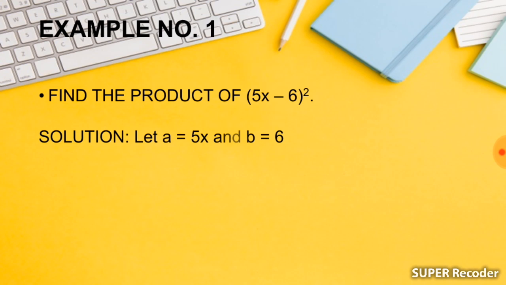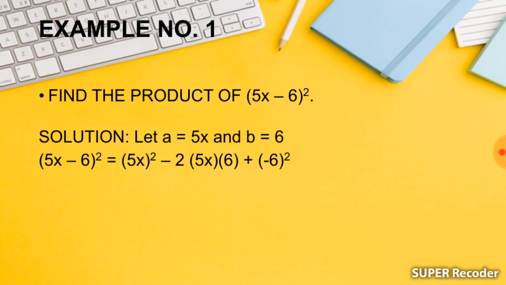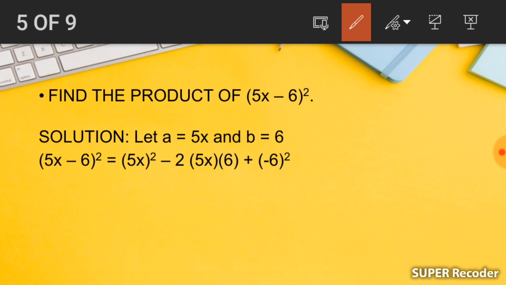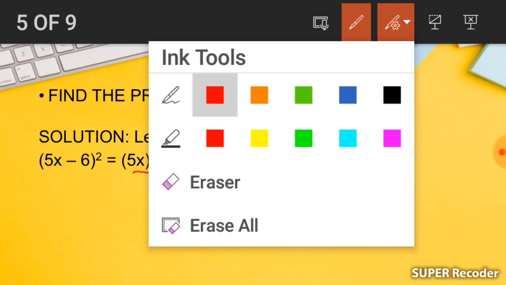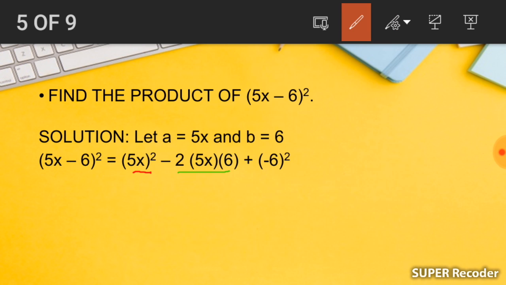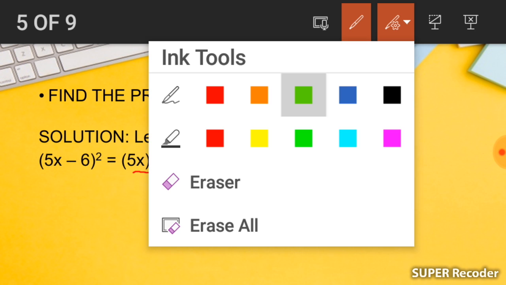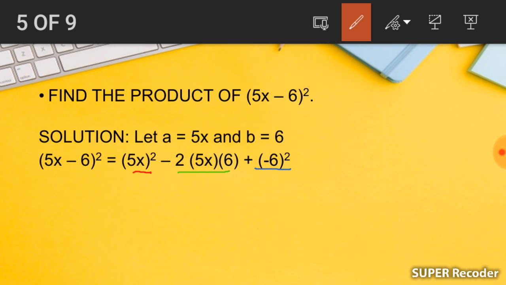For our solution, we're going to let a equal 5x and b equal 6. If you apply the formula, (5x minus 6) squared is equal to the square of the first term, 5x squared, minus twice the product of the two terms, and of course the square of the last term.